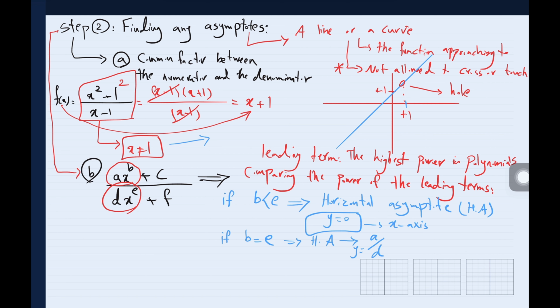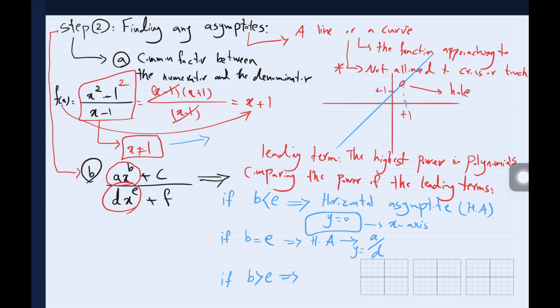And then the last option is if b is bigger than e. So in this case, I have to check another option also.